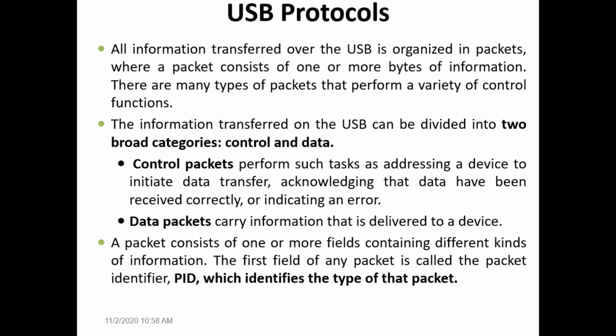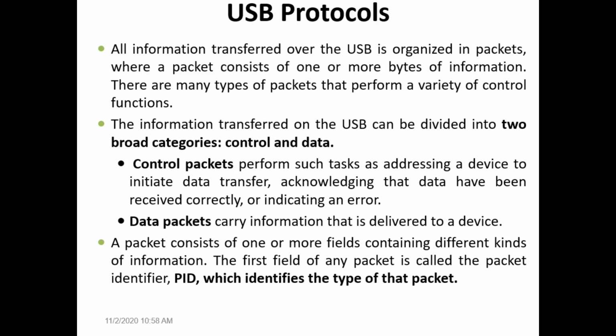Now all the information that is transferred in the tree structure is considered a packet. You are going to study packets in detail in computer networks. Here in general, packets are the information getting transferred in the tree structure. There are two kinds of packets.